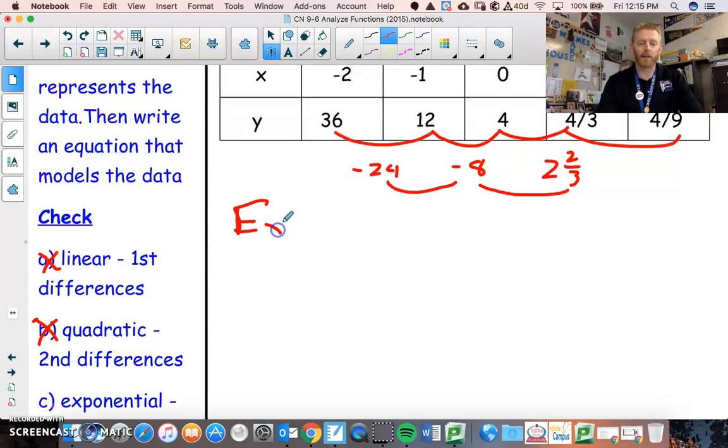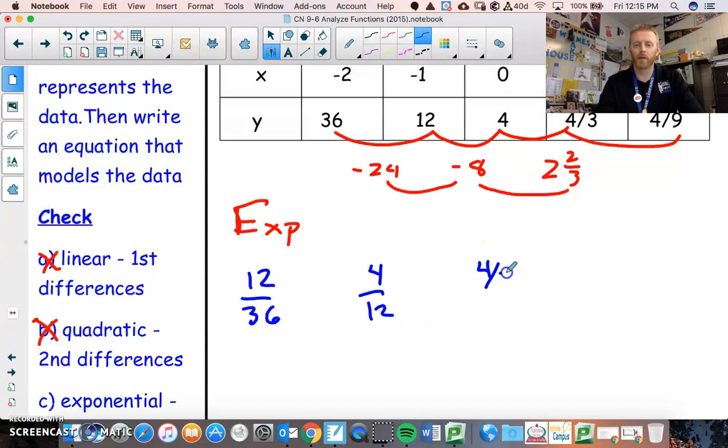So I'm going to write down that it is exponential. What we should do now is check for the common ratio. So because this is exponential, we can find a common ratio, hopefully. So 12 out of 36, 4 out of 12, 4/3 over a 4, 4/9 over a 4/3.